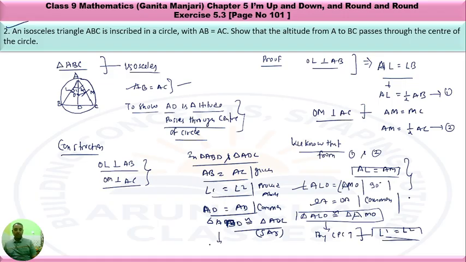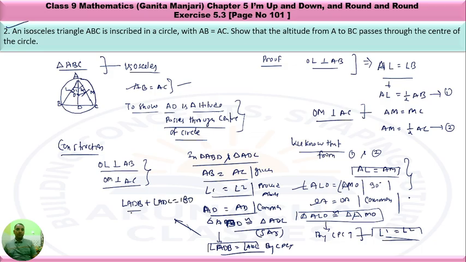Now by CPCT I can say that angle ADB is equal to angle ADC. So that is by CPCT, corresponding parts of congruent triangles. Both angles are equal, and they sum to 180 degrees. So I can write that angle ADB plus angle ADC is equal to 180 degrees.